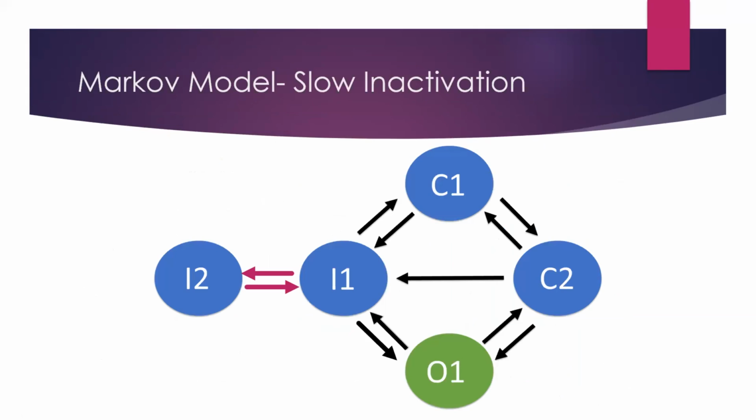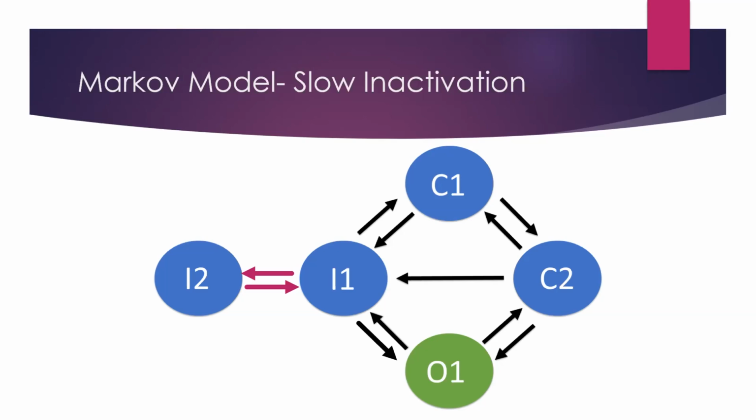The first thing I want to talk to you about is the Markov model. A lot of you are probably more familiar with the Hodgkin-Huxley model of a sodium channel, the one that had 3 activation gates and an inactivation gate. That's technically a Markov model. A Markov model just means that whatever state you're going to next is dependent on your current state and not any state you were in previously.